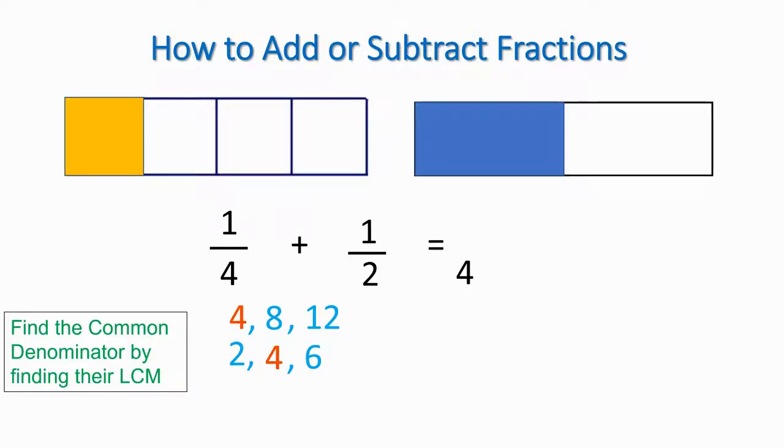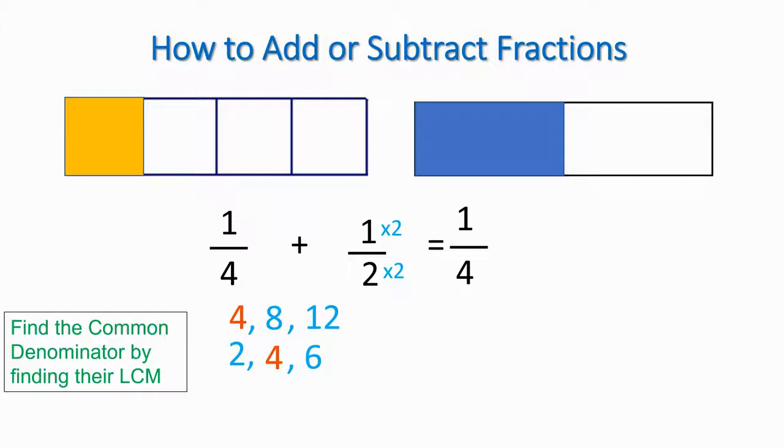The first fraction already has 4 as a denominator, so just copy that. So you have 1/4. For the second fraction, you have 2 as a denominator, so you multiply 2 by 2 to get 4. And as a rule, if you multiply the denominator by a certain number, you do the same to the numerator too.